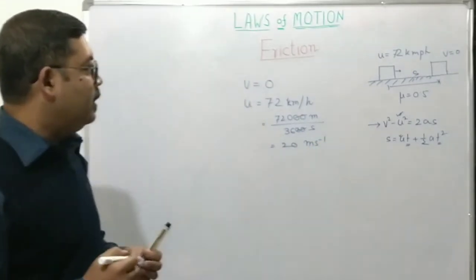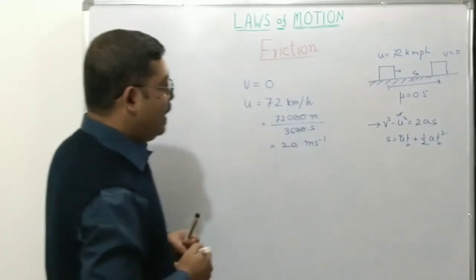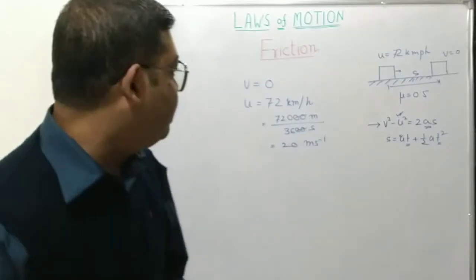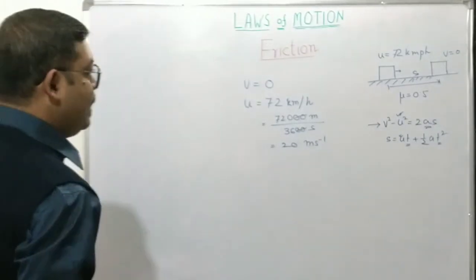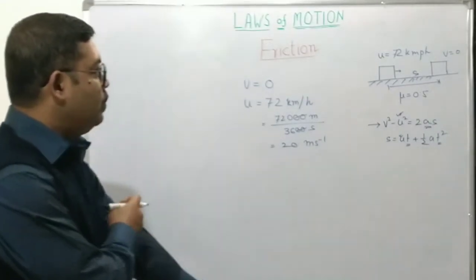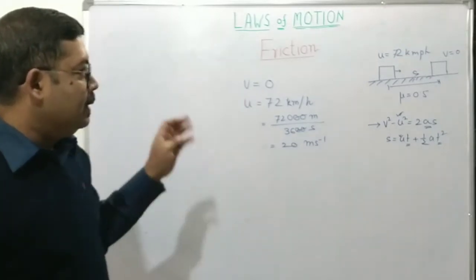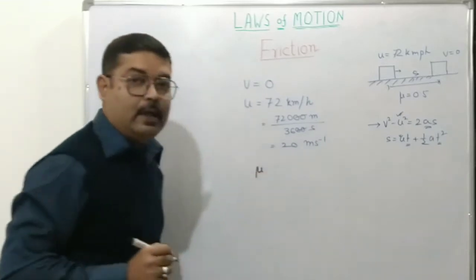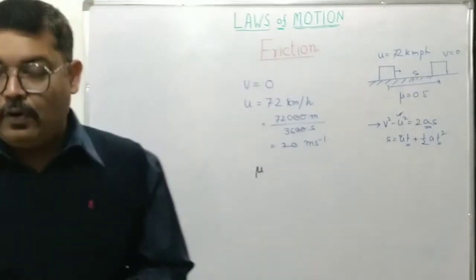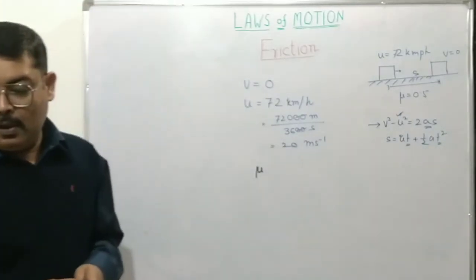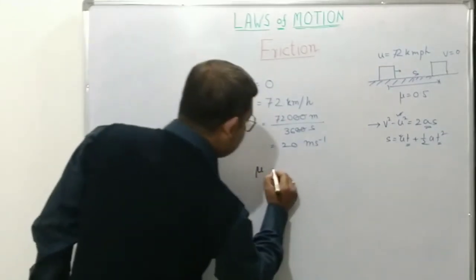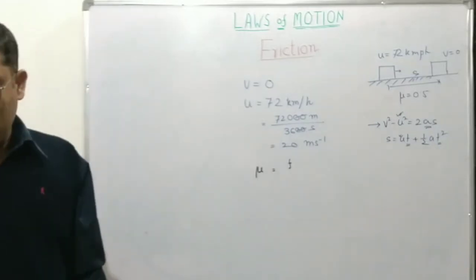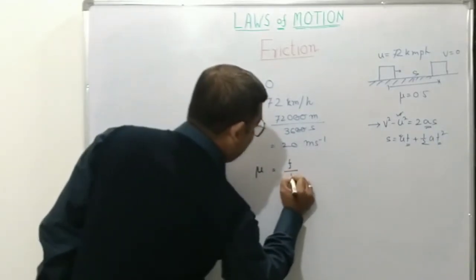Initial velocity is 20 meter per second. We already have that. Now, if we can find acceleration a, then we can use this equation to find the solution. To find the acceleration, what we need to observe is that the coefficient of friction mu is given. So can we use the equation for coefficient of friction? Coefficient of friction is given by the frictional force by the normal reaction.